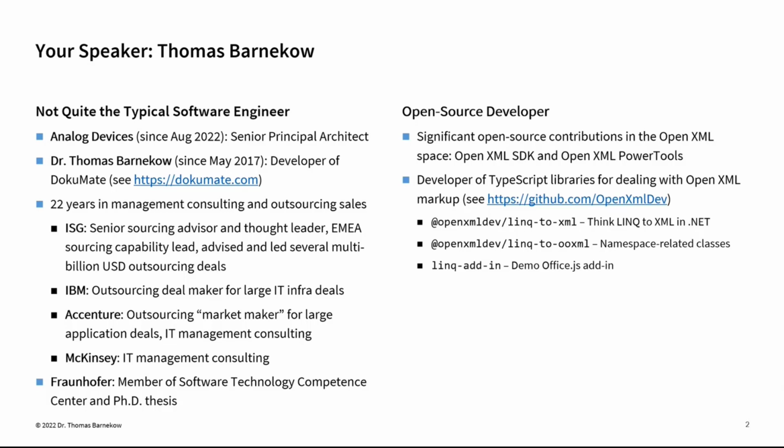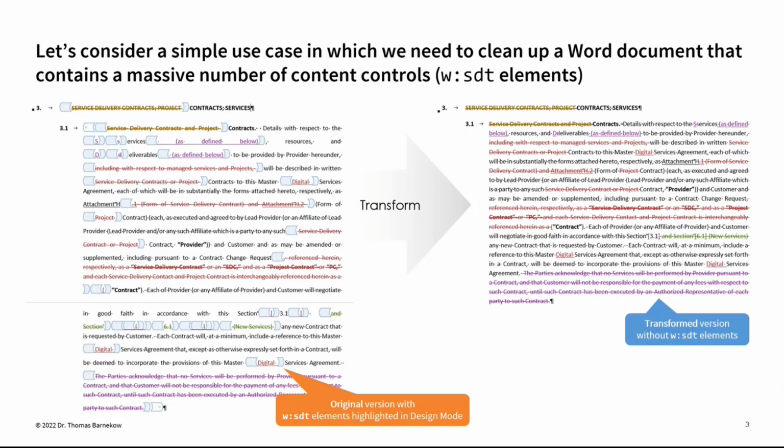To explain a bit of the background, I'm using some slides that I also shared in the Dev Days Redmond 2021 to provide some context. So let's look at this quick example of a Word document snippet on the left, which came with tons of content controls, and nested content controls specifically. That was very hard to work with in an outsourcing deal context.